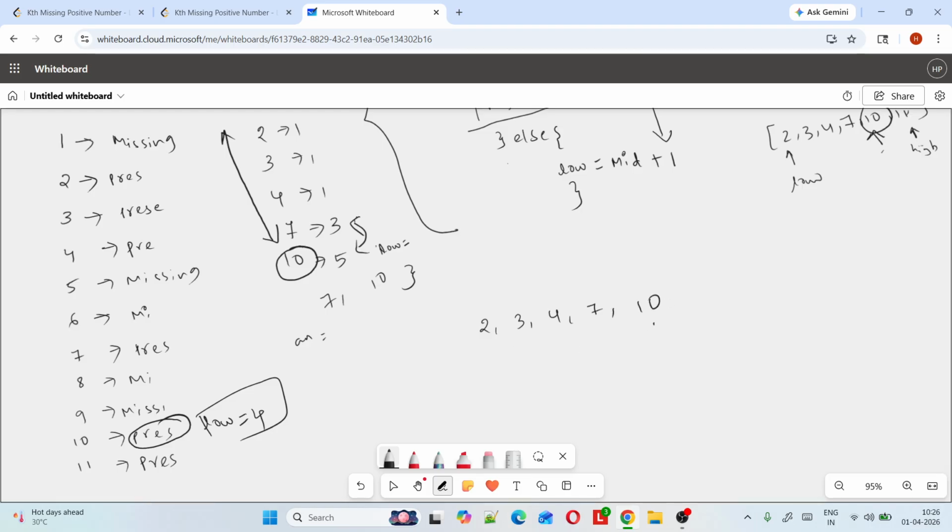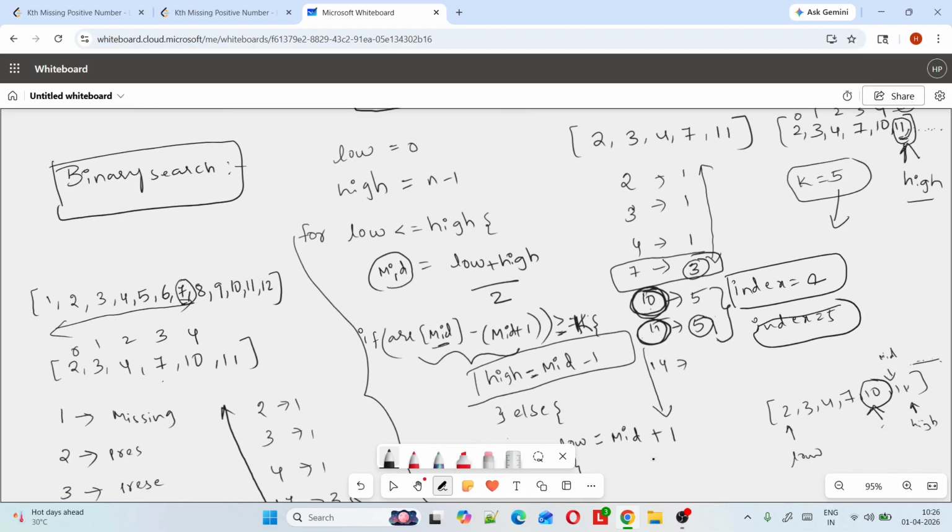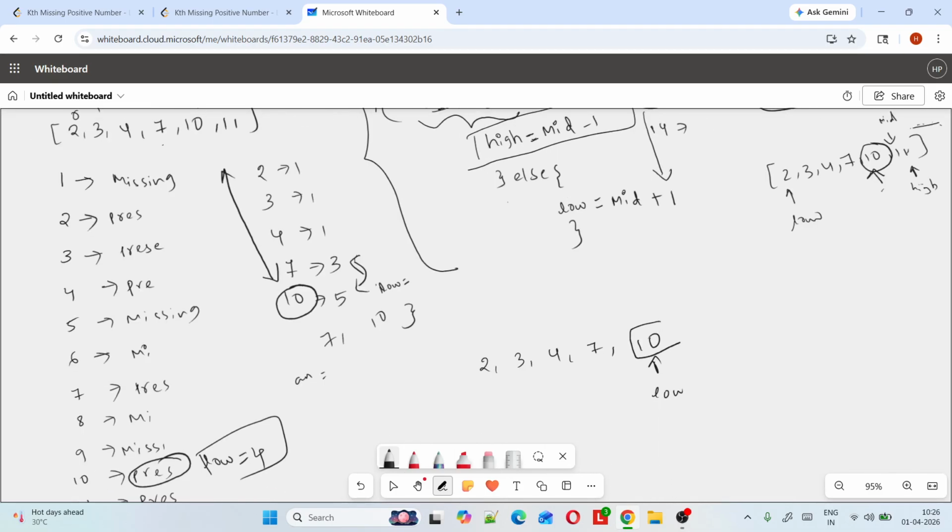After you do all this iteration, our low pointer will be here, because this is the first index where our missing count is greater than or equal to 5. 11 is also missing, it also satisfies the same condition, here also count is greater than or equal to 5, but you have to find the first index, so that will be here. Since our answer lies in between these two, how many numbers are before this? There are 4 numbers. So here index is also 4.